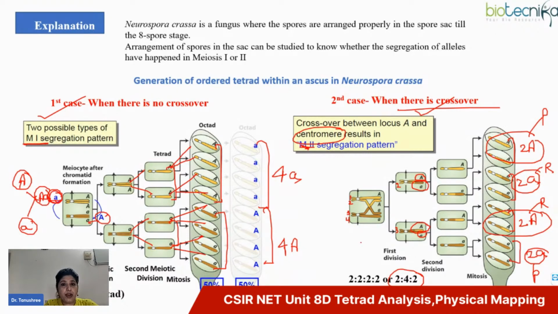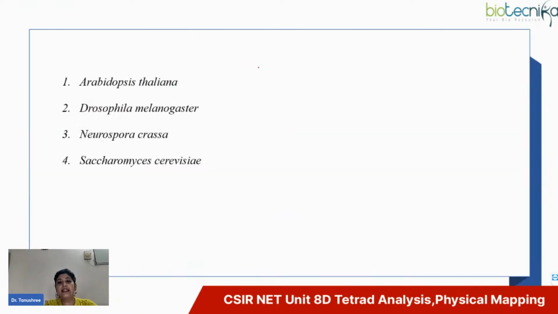It's Neurospora, and I've already told you that when we are using Neurospora as a model organism, we can study how the segregation of alleles happens in meiosis 1 or meiosis 2. Like when does the segregation of alleles happen? So the answer here is option 3.